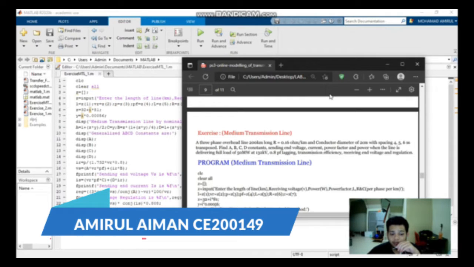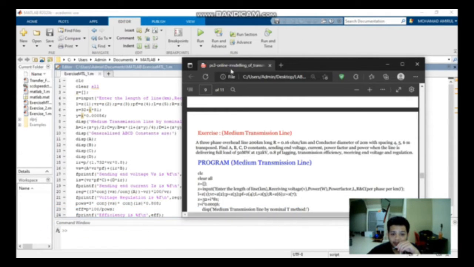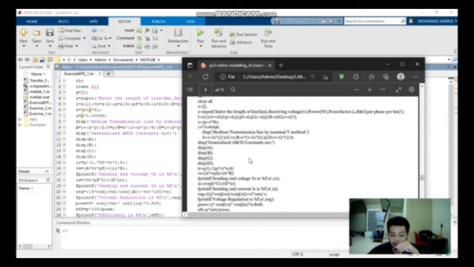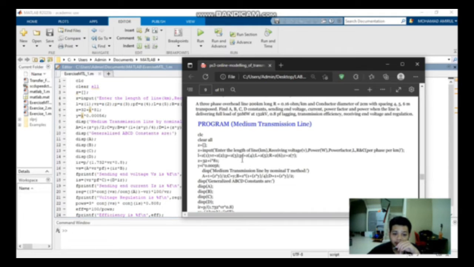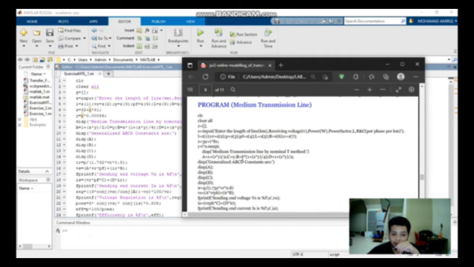For the PS3 online modeling of transmission, I did the exercise on the medium transmission line. This question has a program and also a manual calculation, so I ran it on MATLAB. I wrote the formula into MATLAB, but MATLAB detected an error and could not run because of how we declared PF.